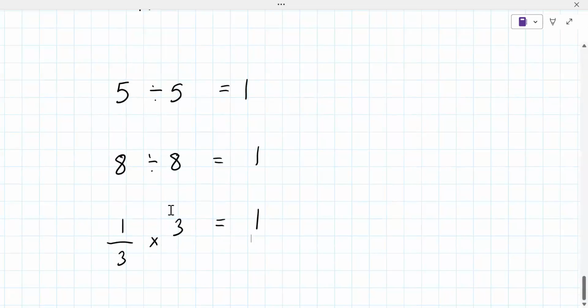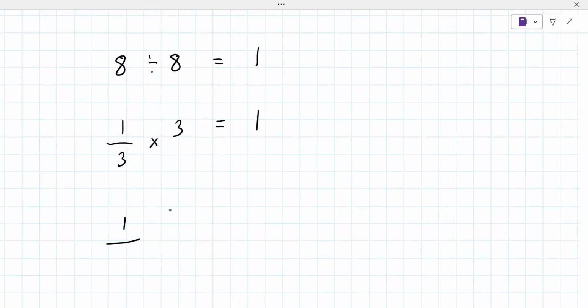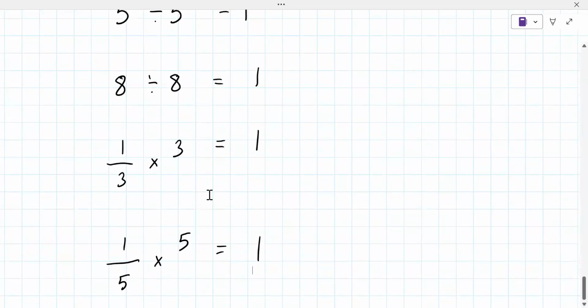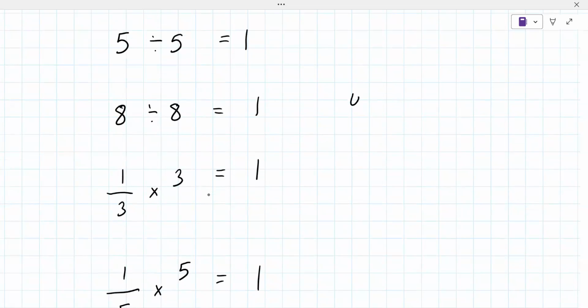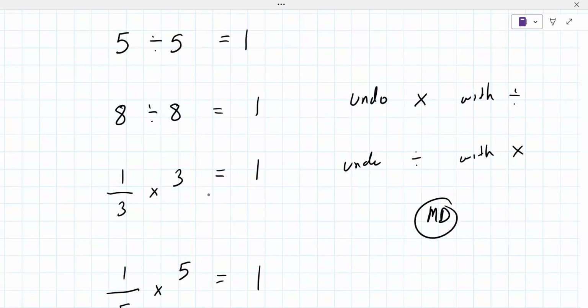And if I take, for example, 1/5 and multiply by 5, that is also 1. And this is again kind of like addition and subtraction. You undo multiplication with division, you undo division with multiplication. And so in truth, multiplication and division are actually exactly the same.